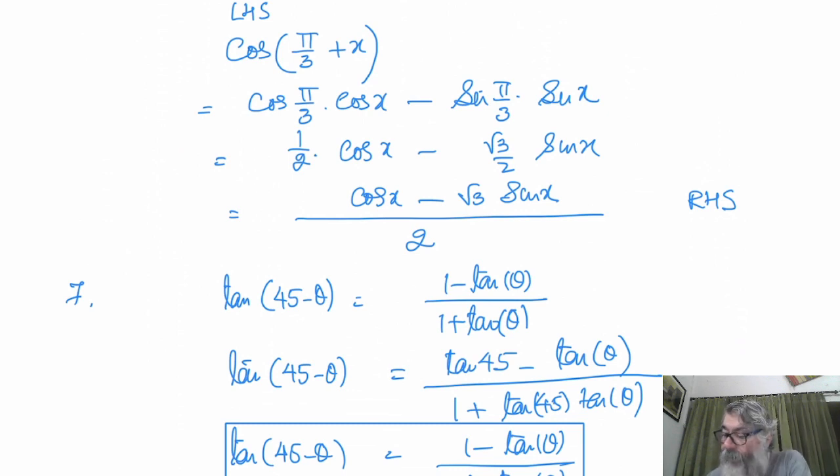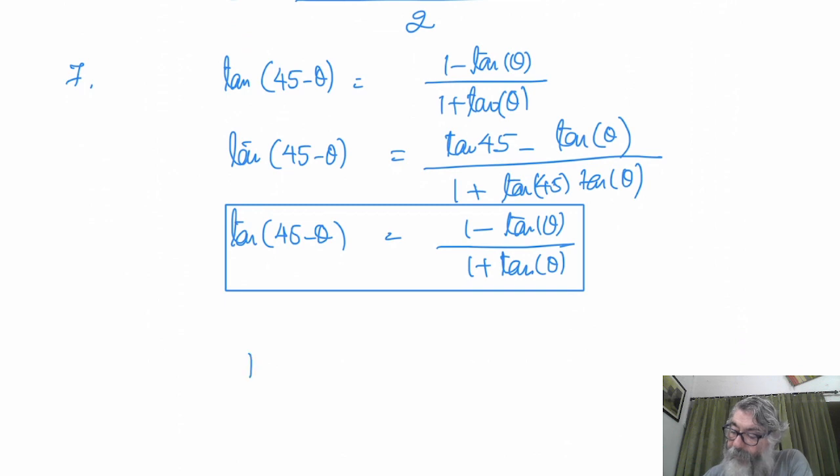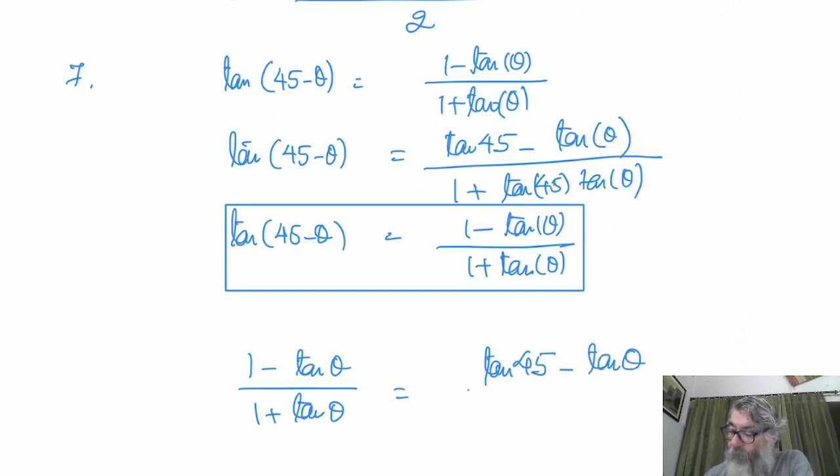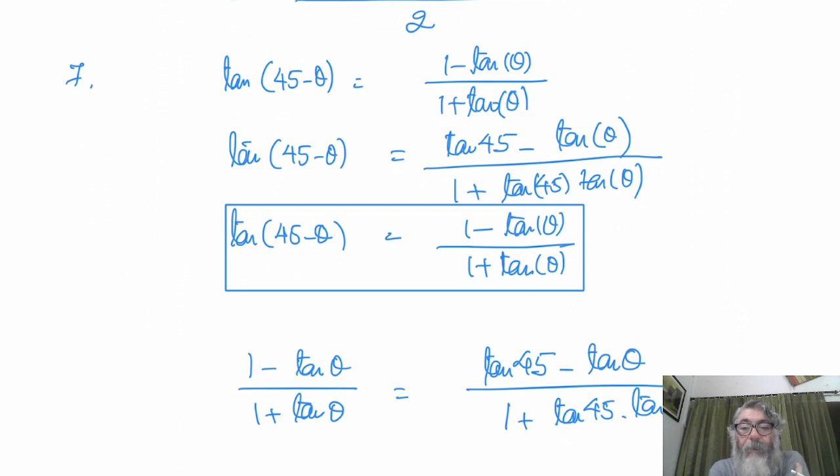Similarly, whenever I see 1 minus tan theta upon 1 plus tan theta, I can always write it as tan 45 minus tan theta upon 1 plus tan 45 into tan theta, because the value of tan 45 is 1, and multiplying by 1 does not make any difference. So instead of 1 I have written tan 45.